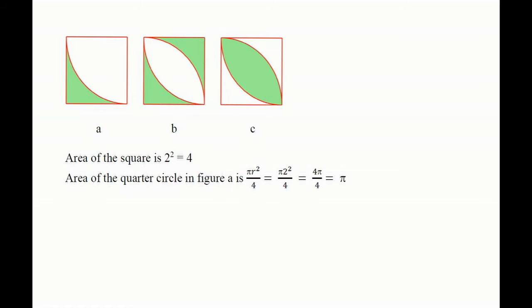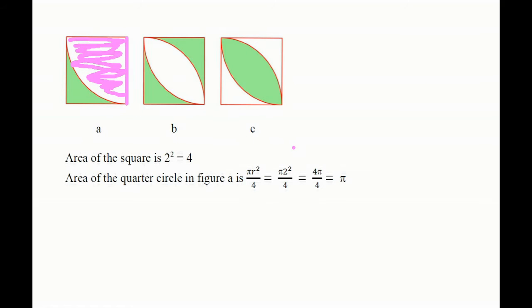I am now going to explain how I can find the area of this quarter circle. How do I find that? Take a look. This is a quarter circle. What you see, the white piece, is a quarter of a circle, and the radius of that circle is obviously 2.